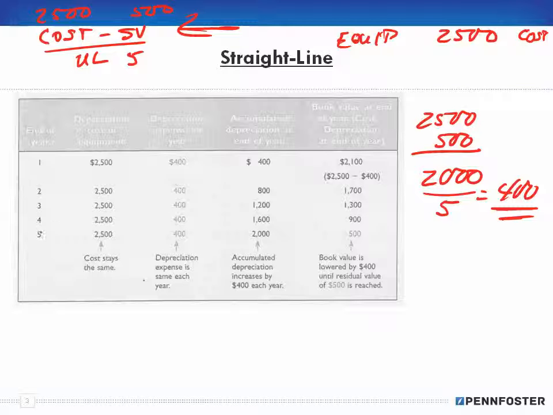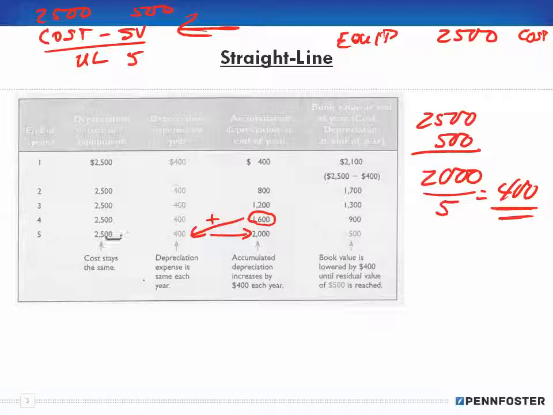So by the time we get down to year 5 here, we start out with our $2,500 as our cost, and we know our depreciation amount is 400. To get our accumulated depreciation, we're taking the accumulated depreciation from the end of the previous year of 1,600, and we're adding in the 400 for depreciation, which gives us accumulated of 2,000.